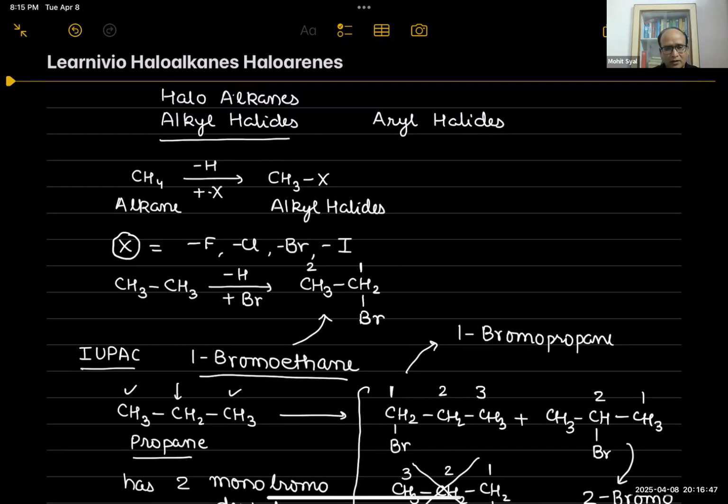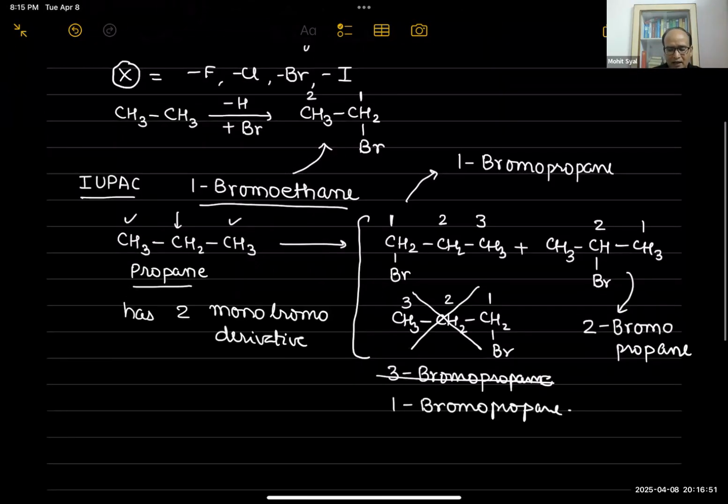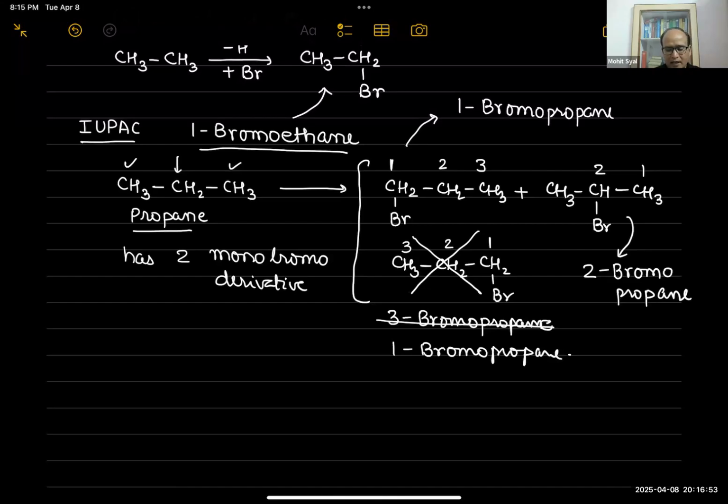Got it? Yes, sir. Is it clear? So these are haloalkanes, and propane has 2 monobromo derivatives. How you can analyze 2 monobromo derivatives: if you replace one hydrogen by one Br, Jasleen, you are going to get 2 different types of compounds.